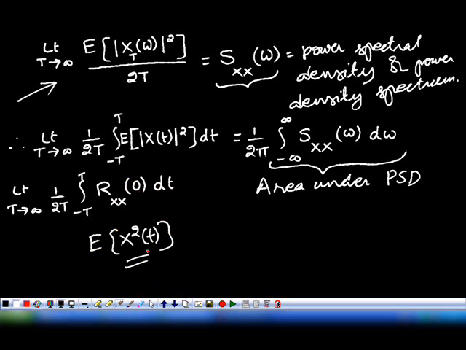The mean square value is equivalent to the autocorrelation function at tau equal to 0. So if x of t is a real random process, expectation of mod x of t whole square is equivalent to expectation of x square of t, which is equivalent to Rxx of 0.